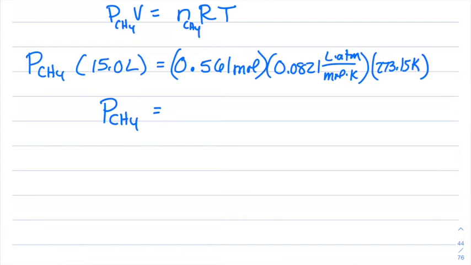I'm seeing 0.840 or 0.839. On my calculator I got 0.839, but 0.840 is just fine as well. Any questions on how we got this value? It's the partial pressure of CH4.